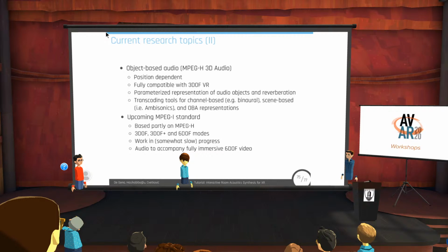So from the audio side of things, we're looking at audio content generation that will accompany fully immersive 360 video, that is, actual recordings of people, actual recordings of environments or documentaries, which you will have the chance to move about in. So these are two things which we will see more of in the near future, I think.